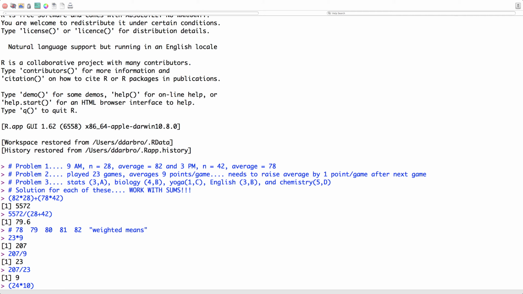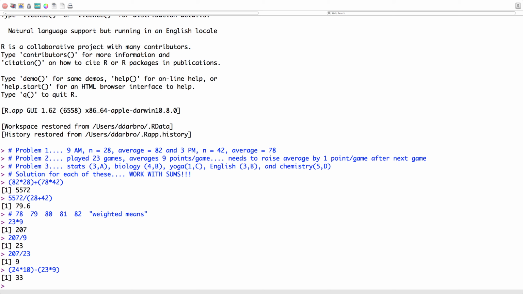So if I find the sum that creates the goal, and subtract the sum that they currently have, then clearly what does that difference have to represent? Well, it has to represent the number of points that that basketball player needs to score in the next game to achieve their goal.